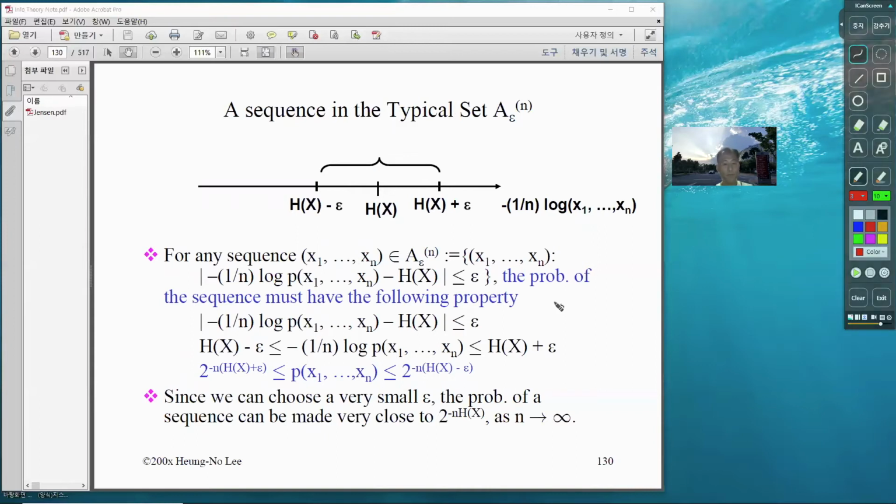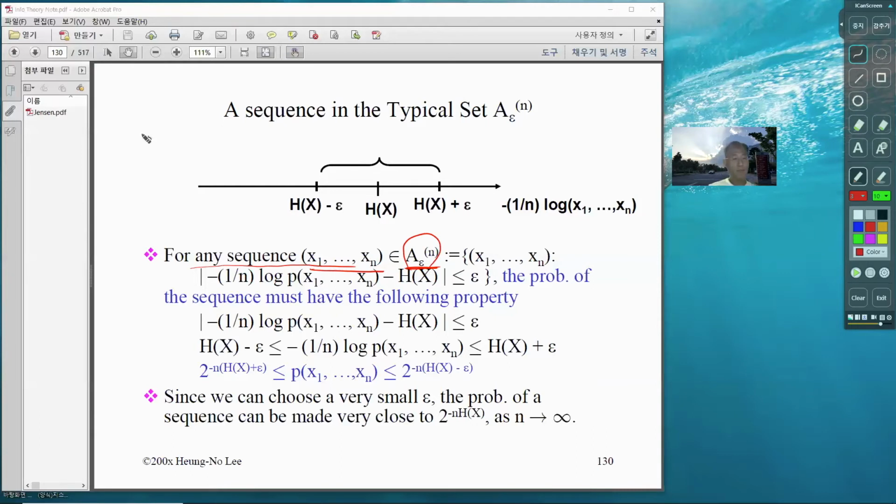Now, having said that, we can make progress. And here, we will have a notation. So for any sequence x^n, x1 through xn, that belongs to a typical set, I'm going to use this notation following Cover and Thomas, parameterized by epsilon, because epsilon is your choice, right?